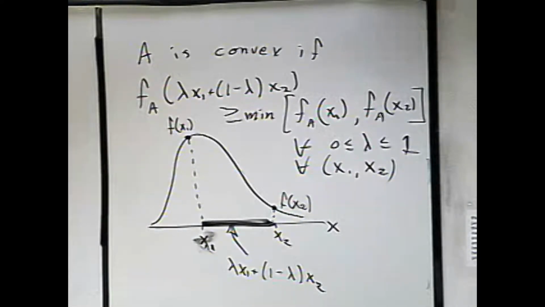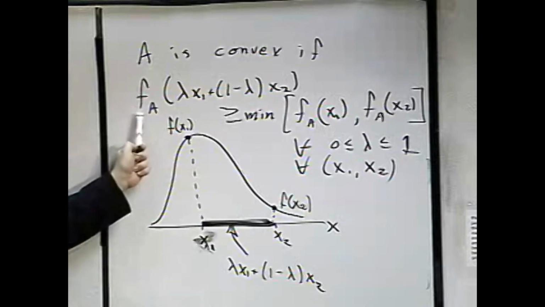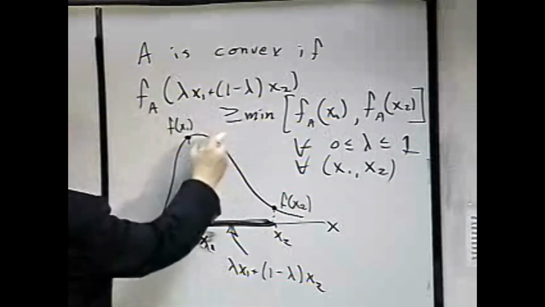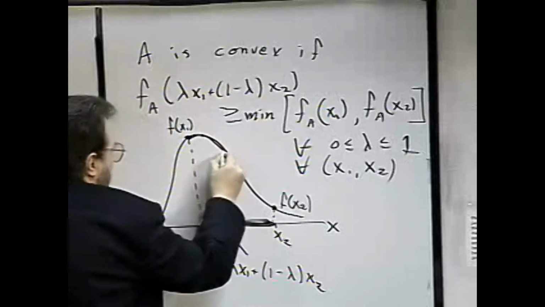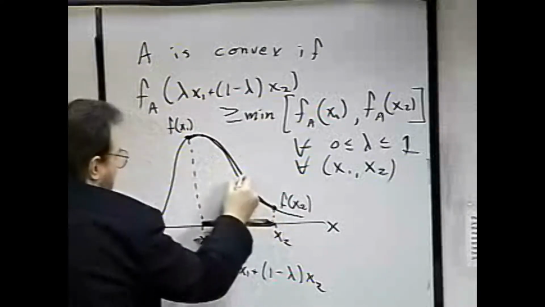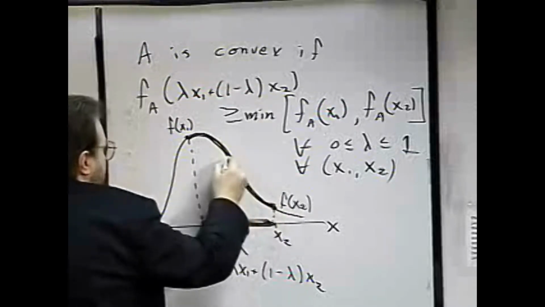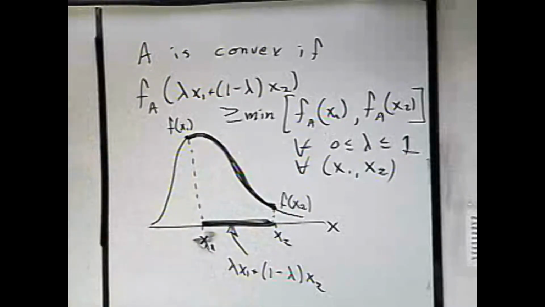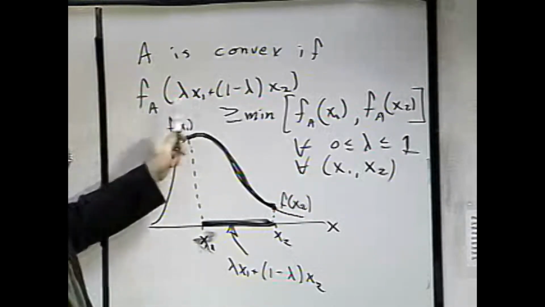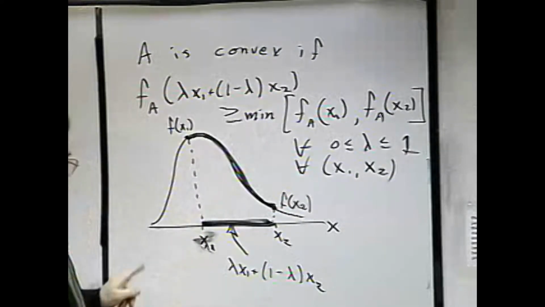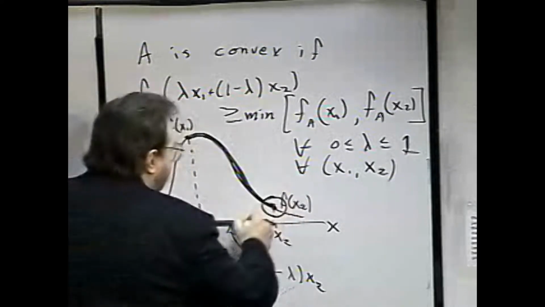So when Zadeh says we evaluate this function over this interval, it means all of the values that the fuzzy function takes on. He says that all of these values must be greater than or equal to the minimum of these two. The way that I have drawn it, this is the minimum.